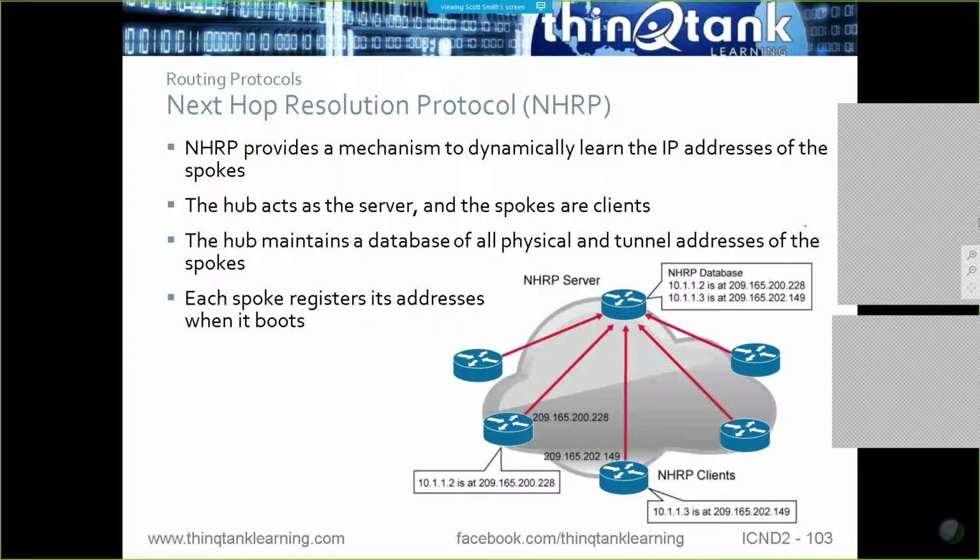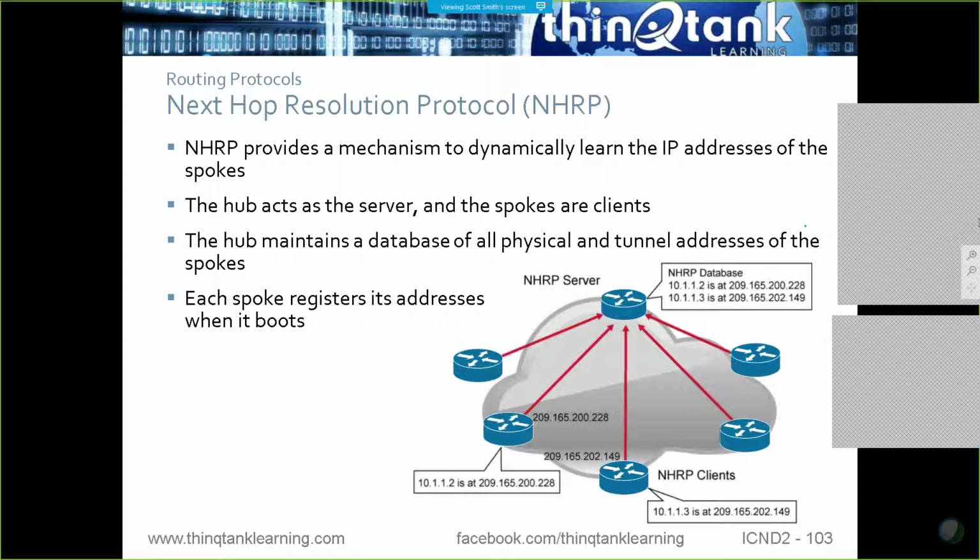Now you have to understand what else is happening here, guys. Two things are happening. A IPsec tunnel is being created, and a GRE tunnel is being created. The purpose of the GRE tunnel is so that if we're running a routing protocol like EIGRP or OSPF, those spoke routers can now form peering relationships with the hub router.